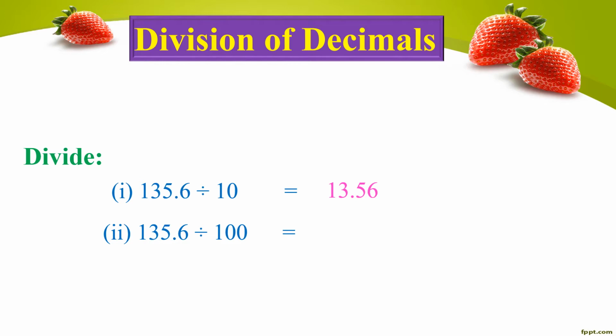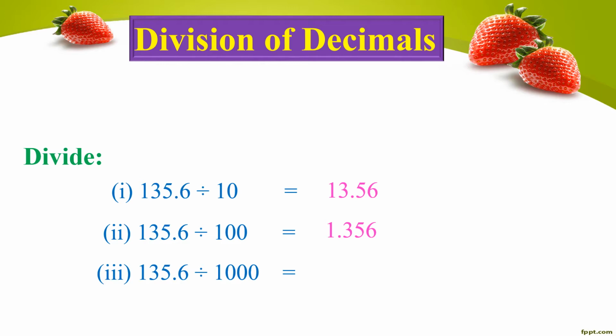135.6 divided by 100. Here number of zeros is 2. Therefore, we have to shift 2 places to the left. On doing so, we get the result 1.356 for the given sum. The same way, third sum: 135.6 divided by 1000.